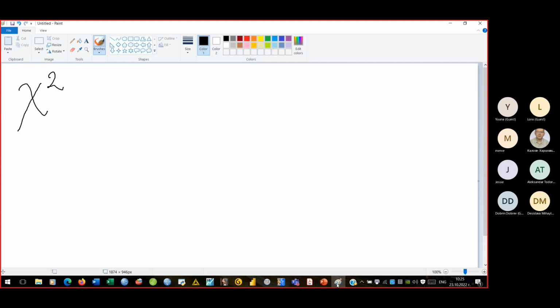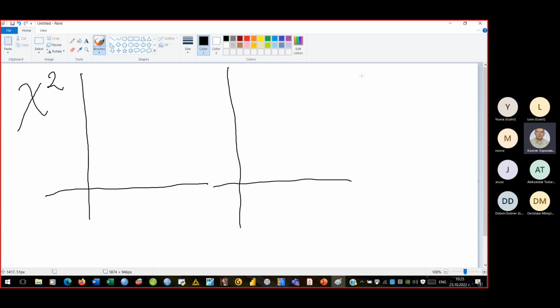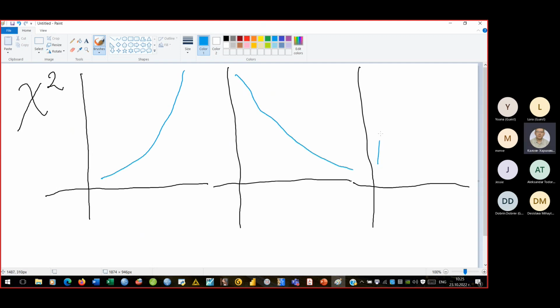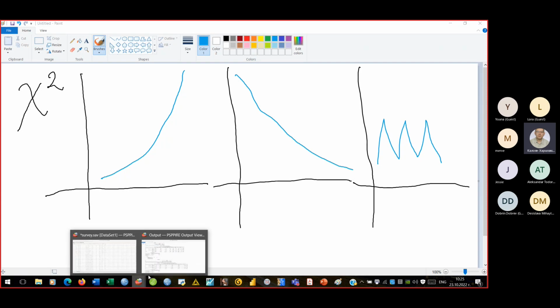I will repeat here 3 charts from yesterday. This was the first situation, the second, and the third. So there is no direction. Since the dependent variable goes up and down, that means that this relation has no direction.